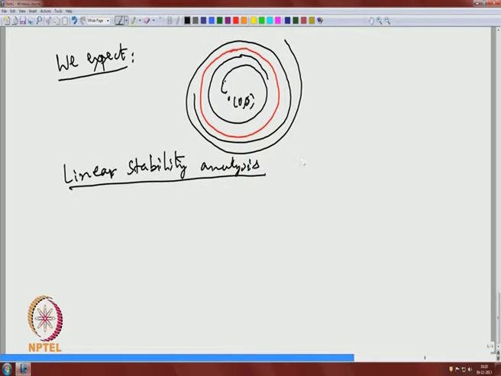So, again write as a system. So, x dot equal to y and y dot equal to minus mu times x square minus 1 times y, since x dot is y, and I have minus x.